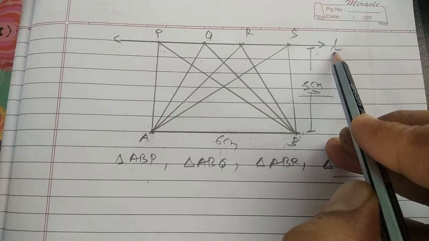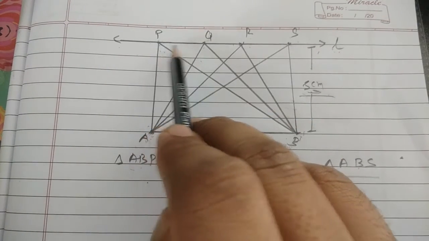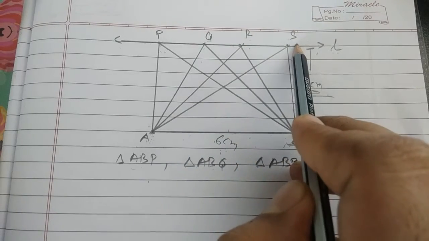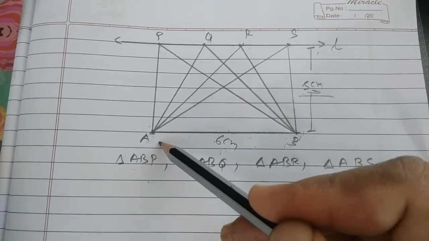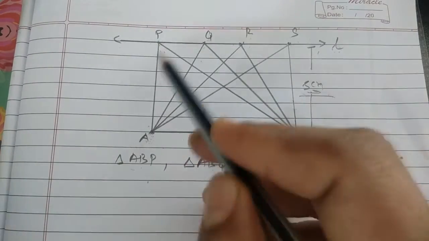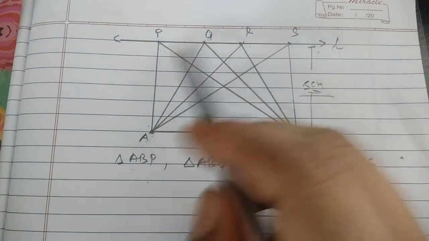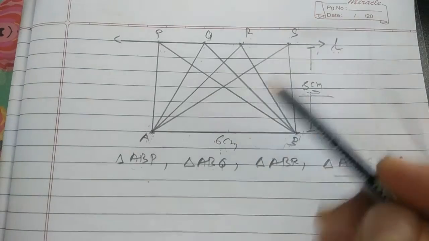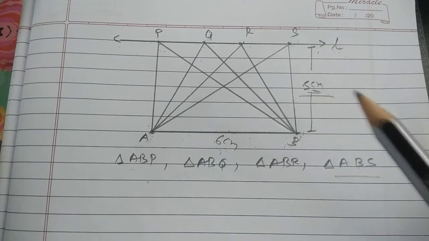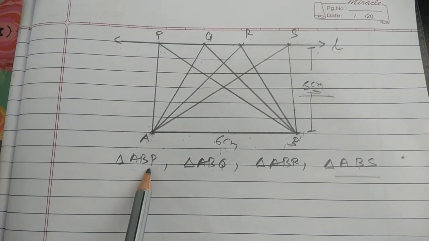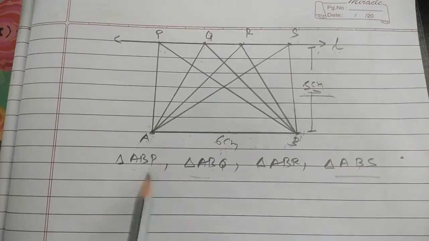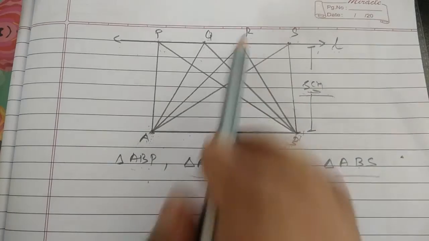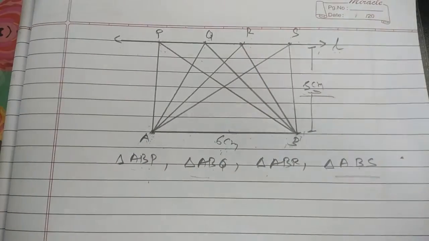On the line L we will take 4 points P, Q, R and S and connect them with AB through straight lines. We will get 4 triangles: number 1 triangle ABP, 2 ABQ, 3 ABR, and 4 ABS.